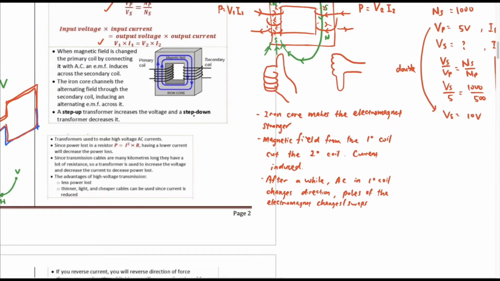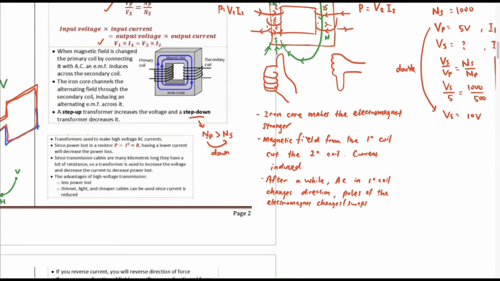I can't hear clearly. For a step-down transformer, the primary coil turns will be lower than the secondary coil turns. Oh, the number should be the other way around. Primary should be more than secondary, like going down. Turns go down.